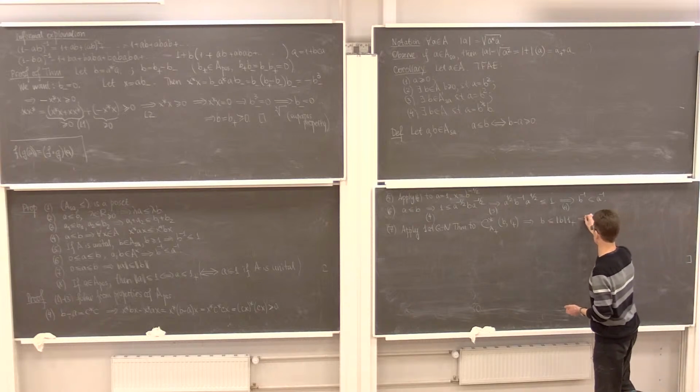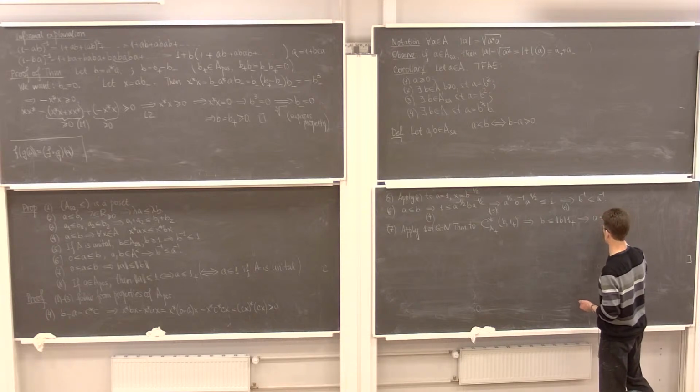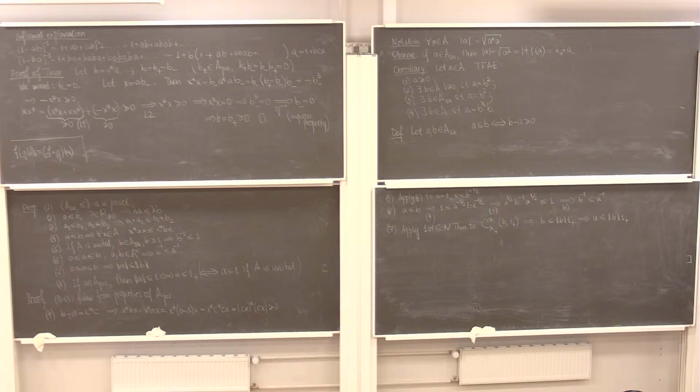Now we use the transitivity of our order relation, and we conclude that A is less than or equal to the same element by transitivity. And now again we apply the Gelfand-Naimark theorem, but this time to the algebra generated by A and the identity.